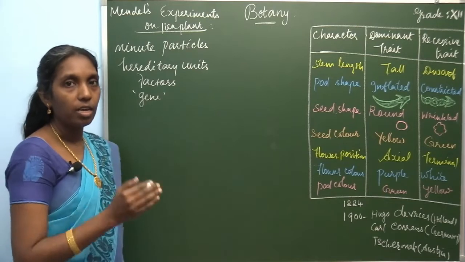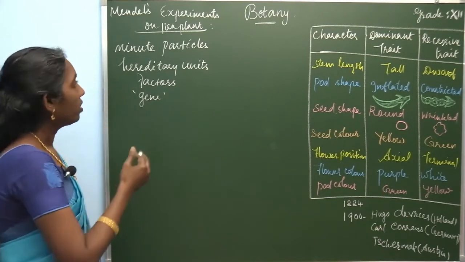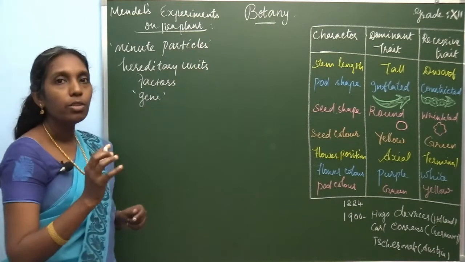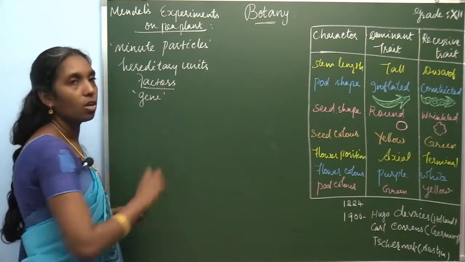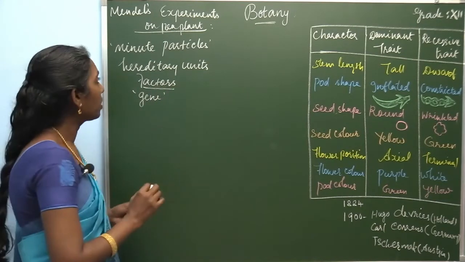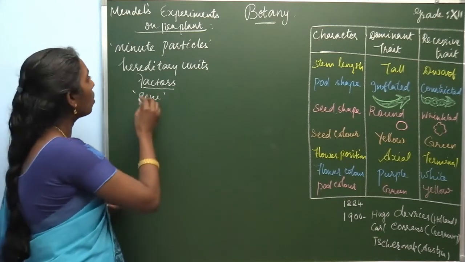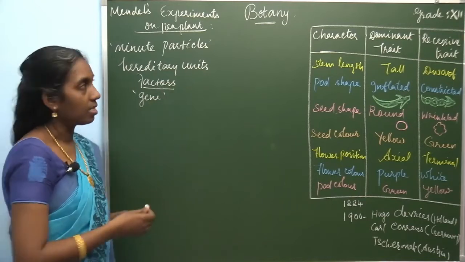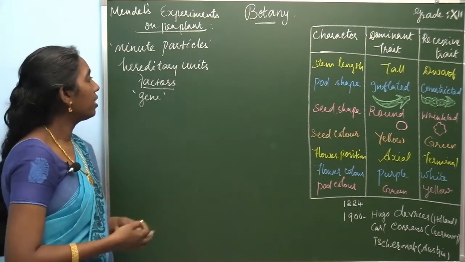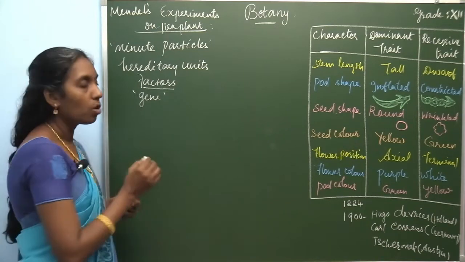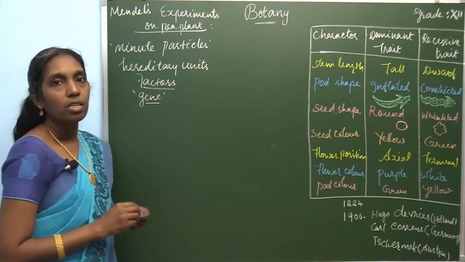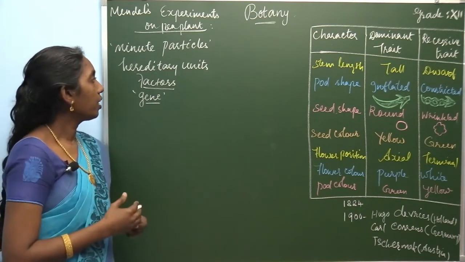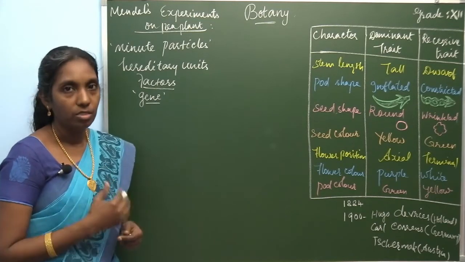So Mendel's particulate theory shows that there are minute particles. These are all the same words: minute particle, hereditary units, factors. Nowadays it's called a gene. So it is established in these forms: minute particle, hereditary units, factors and gene.